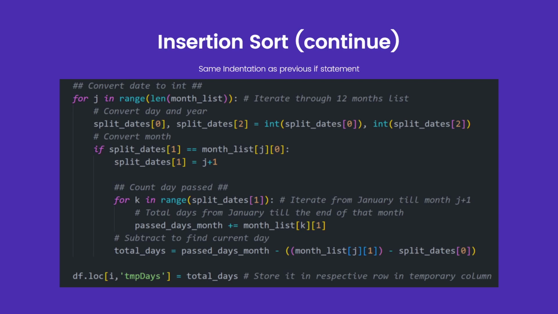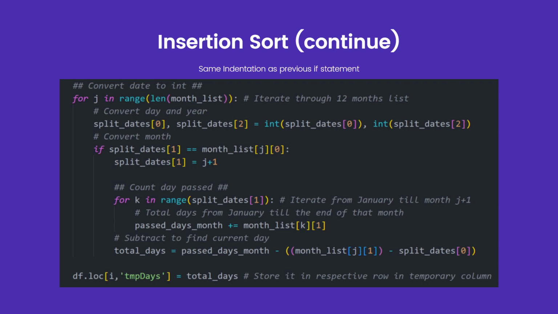However, for the month, or index 1, we can't use that function since it is a pure string. We can achieve it by comparing the month name to the list of months assigned in the previous slide, and then adding 1 to the matched month index since the list starts from 0.